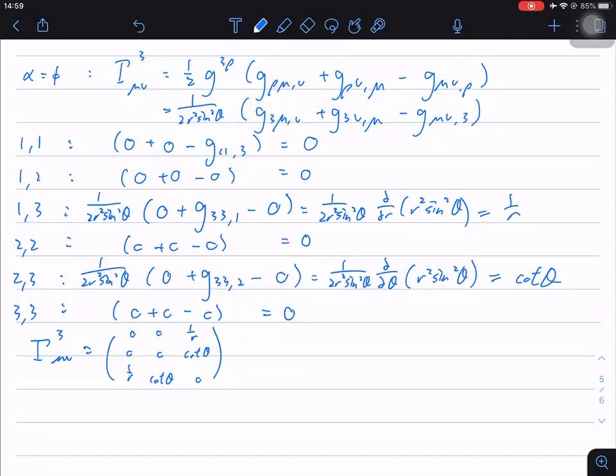However, I believe I've taught you another way to calculate the Christoffel symbol in exercise class 3. I'm not sure whether you attended that class and watched the recording. But if you want to know a much faster way, you can refer to that video. And I believe Harry will teach you that method on Wednesday as well.